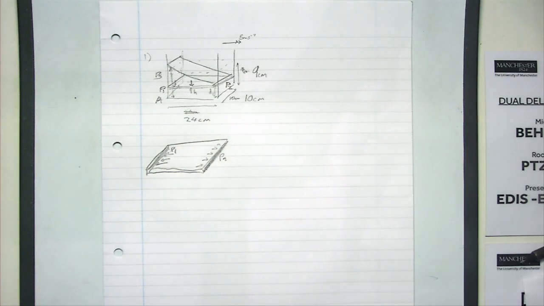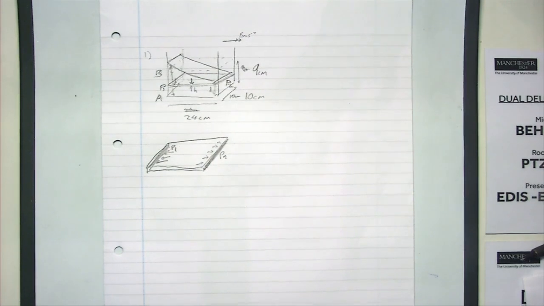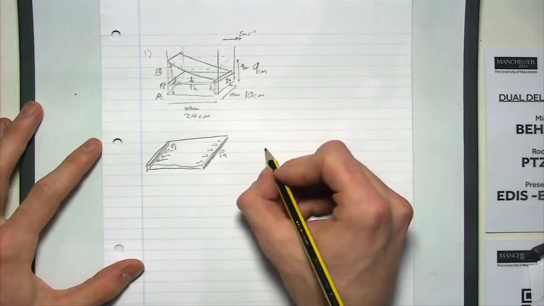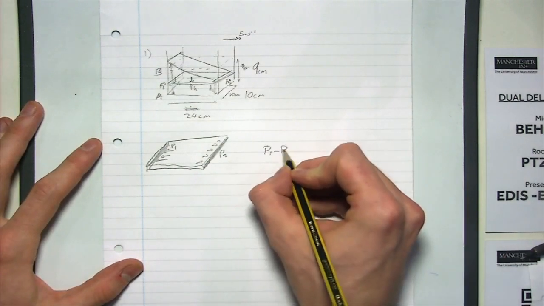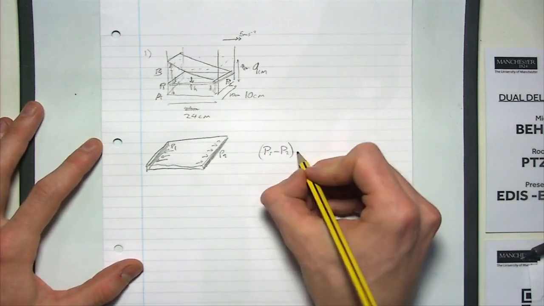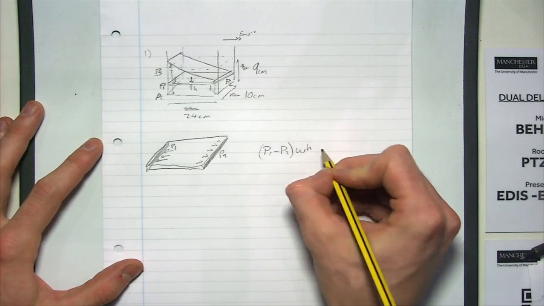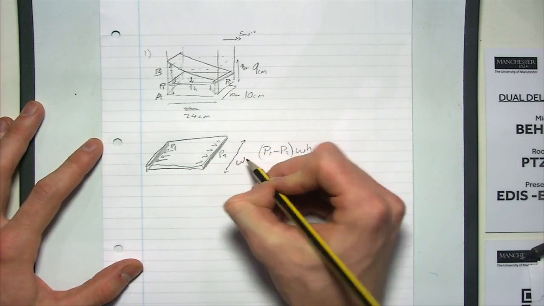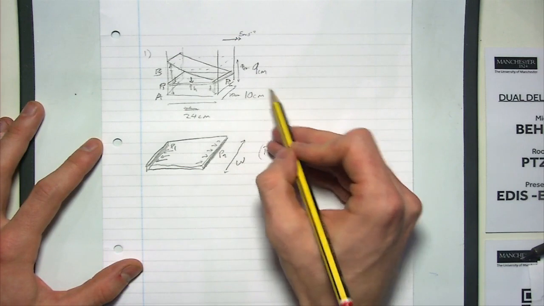So I'm going to write a force balance equation. Remember that pressure is force over area, right? So I'm going to write that the difference in pressure, P1 minus P2, times the width and the height. Remember, this is going to be the width of the tank, and that's there, 10 centimeters.